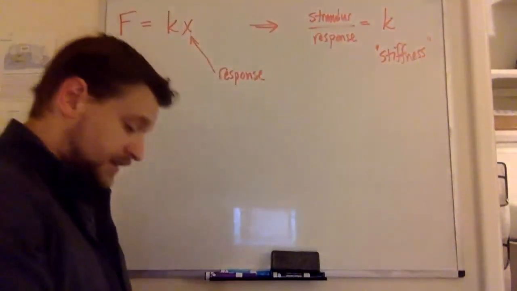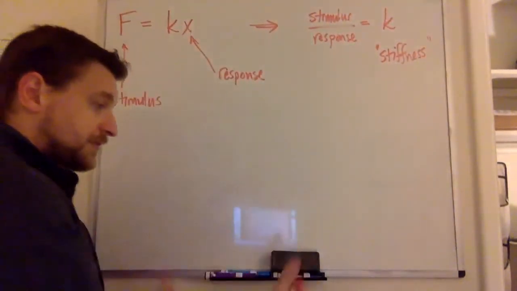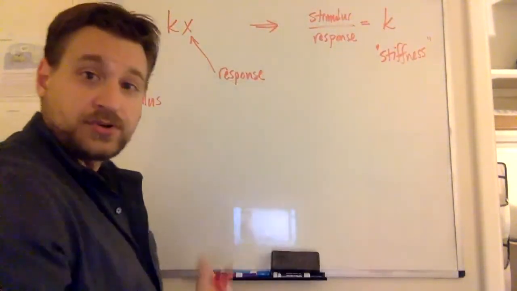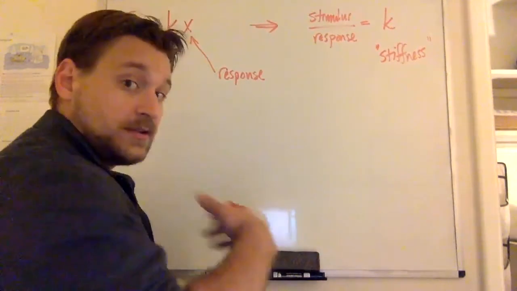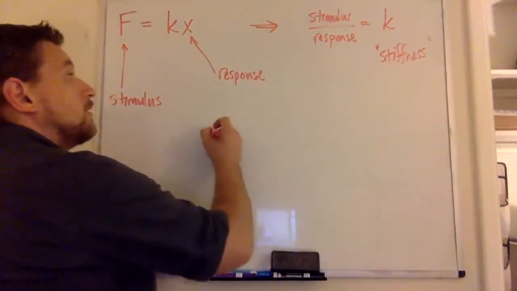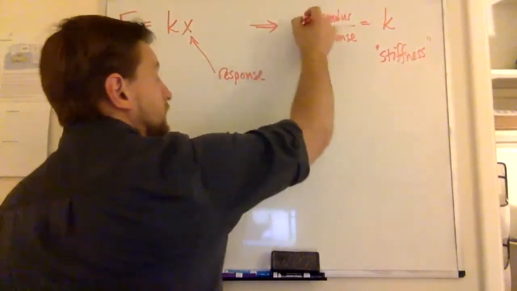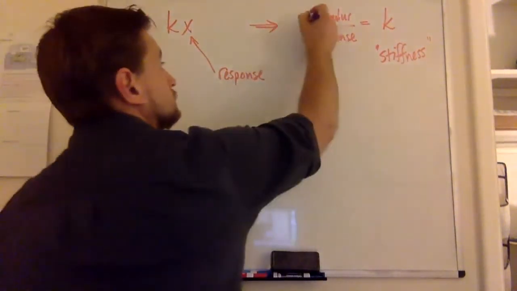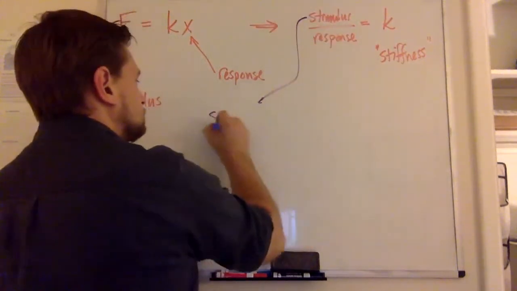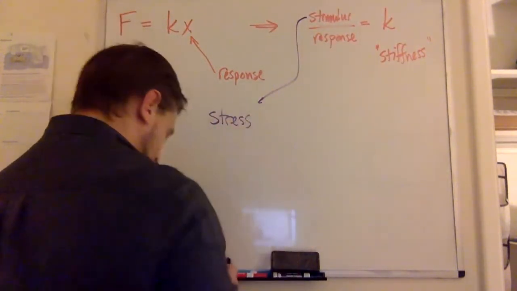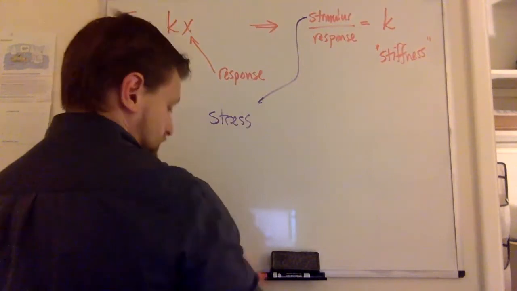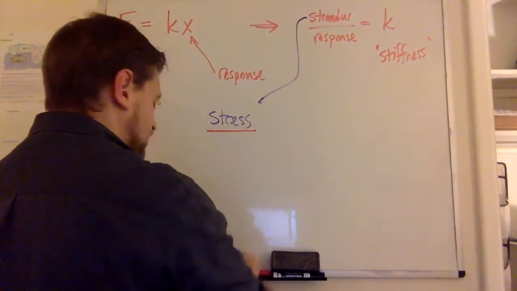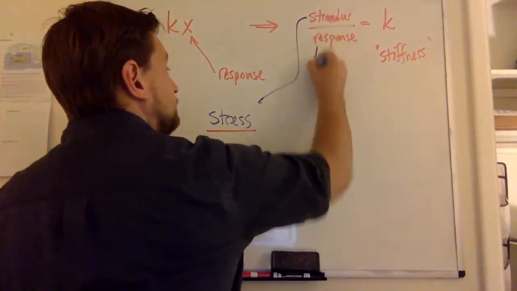So we'd like a general form to quantify, to model stimulus response proportionality when we find it in materials of all kinds. Well, let's model it after this. Instead of stimulus, let's say stress. And instead of response, we will say strain.